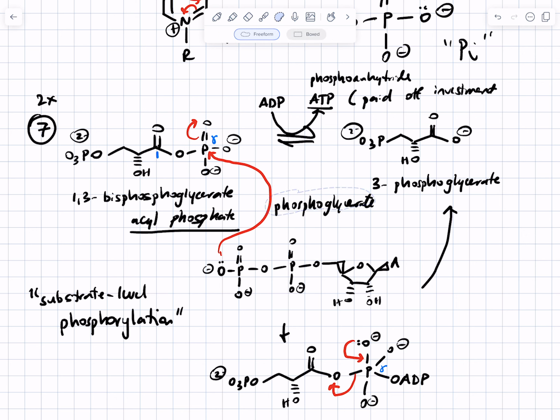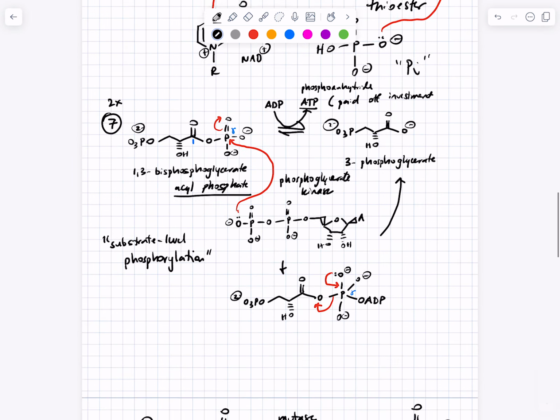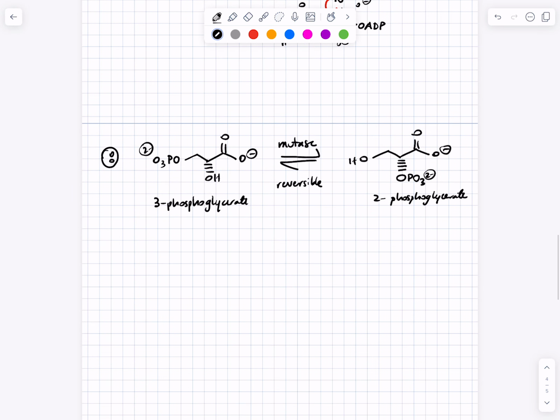It's named for the reverse reaction. And that's irritating, but again, biochemists have to pick one way instead of both, and so they just pick the one that is easiest and makes the most sense. So yeah, this is a kinase, even though we're running it backwards to get 3-phosphoglycerate. Okay, step 8 is mutase.